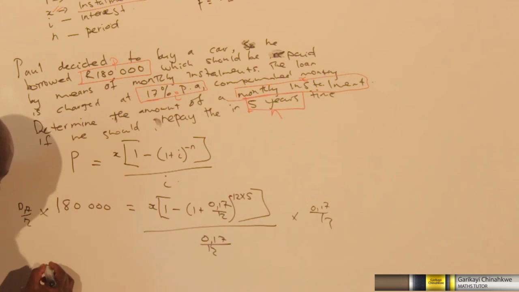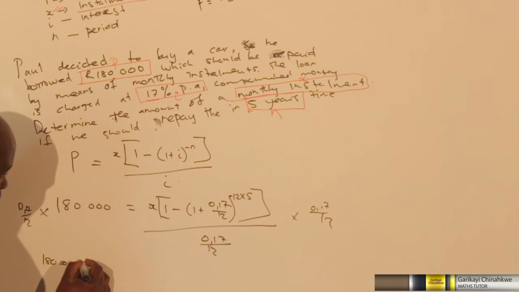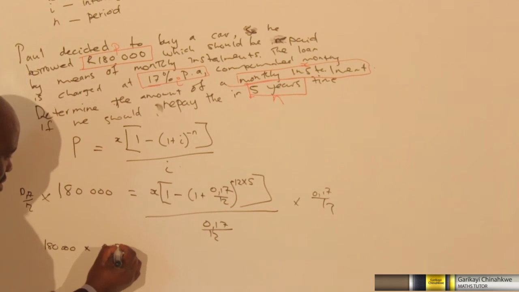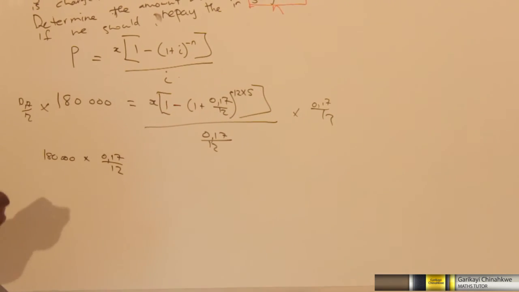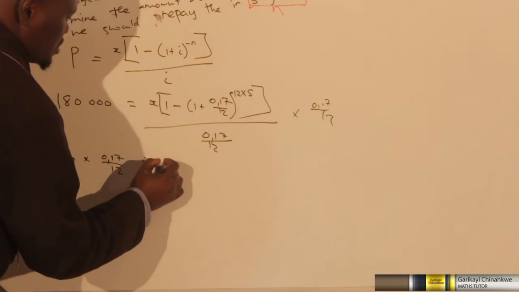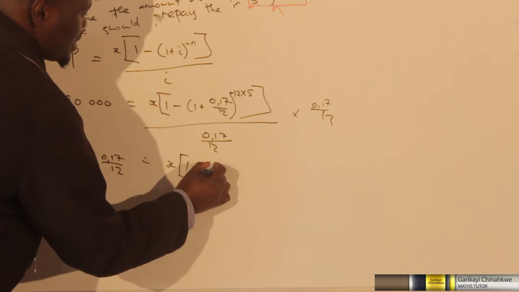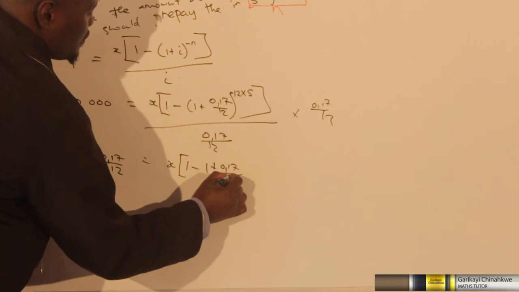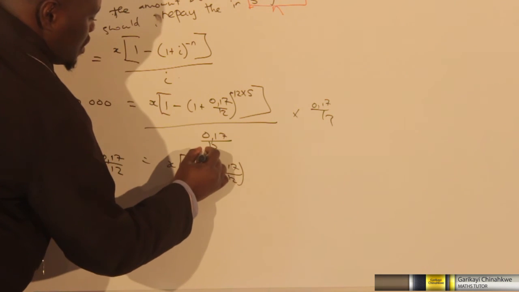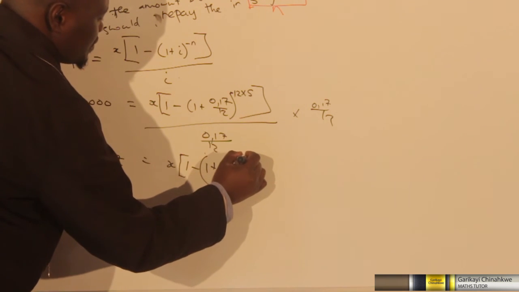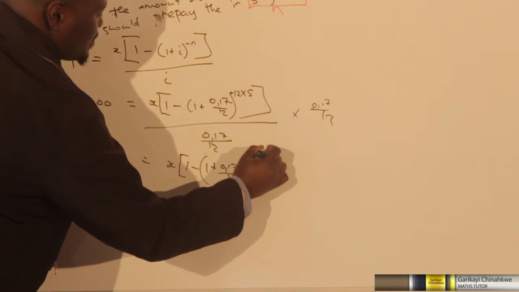So in other words, we are going to say 180,000 multiplied by 0.17 over 12 equals X times 1 minus 1 plus 0.17 over 12, all to the power of negative 12 times 5.